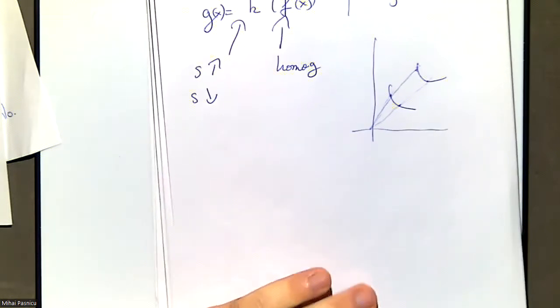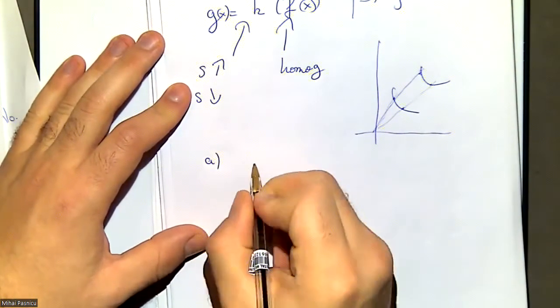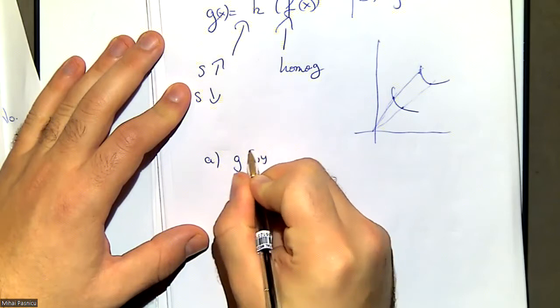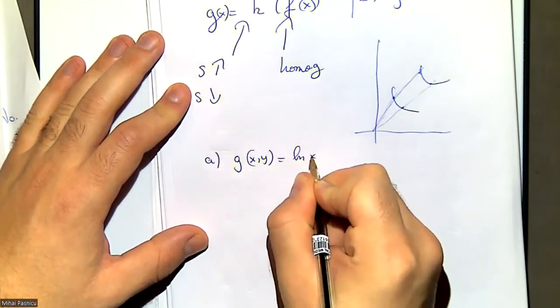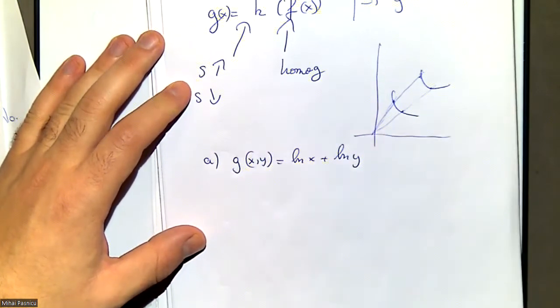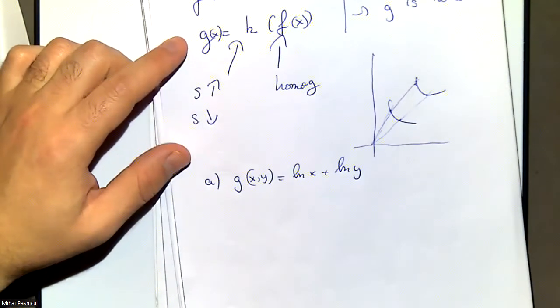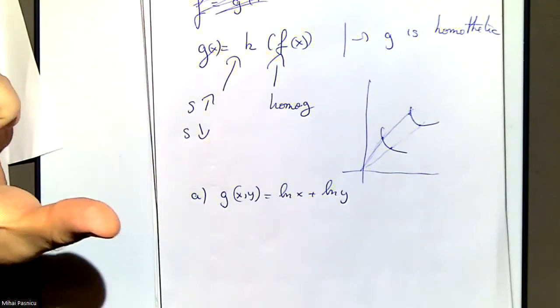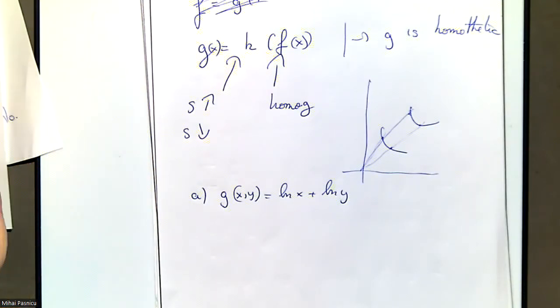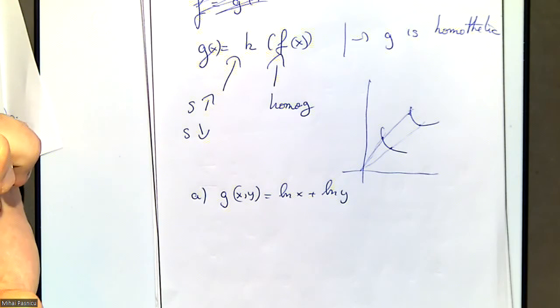So let's look at point A. We have g of x y is equal to log of x plus log of y. Now you've got to keep in mind, this is the definition, and there's no other criteria that you have learned in this class that tells you if something is homothetic or not.